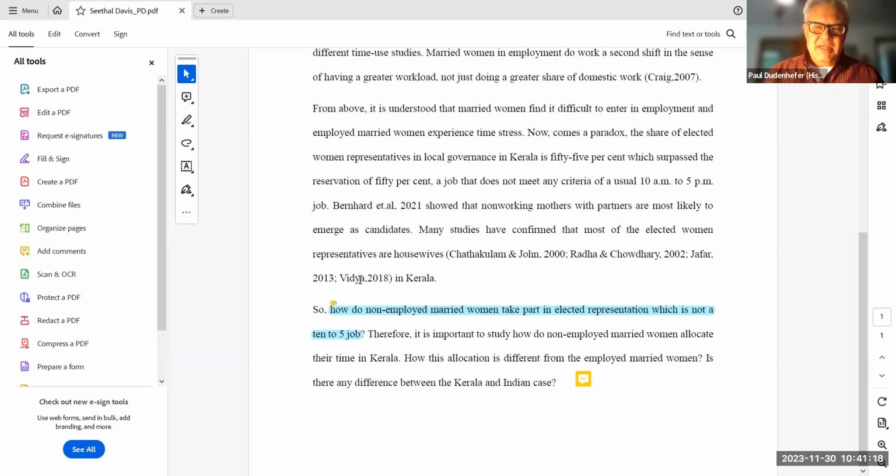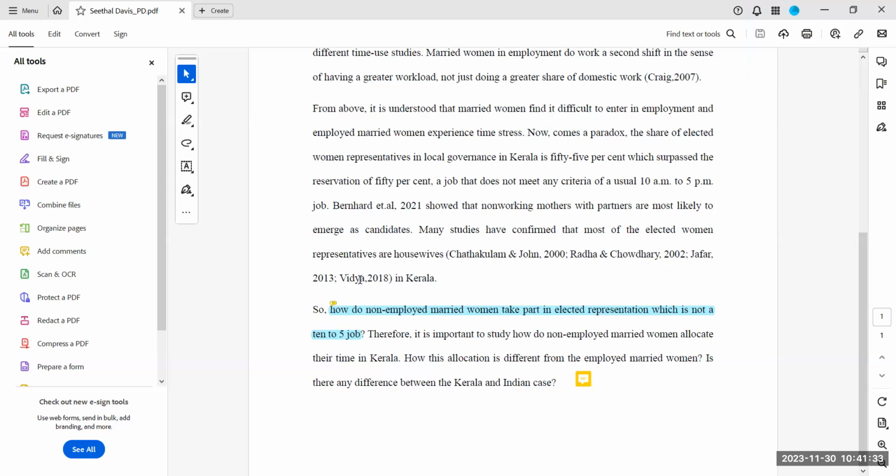Why the focus on Kerala, and why is the comparison between Kerala and India as a whole, as opposed to Kerala and other states of India? Because here representation is higher. Women representation in local governance is higher in Kerala.